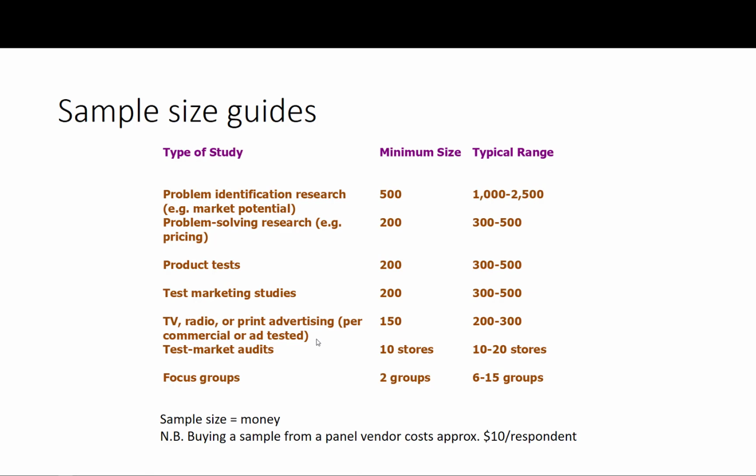However, you still have to pay. Each respondent you need to pay, part of that is incentive, and part of that is to the panel vendor themselves as a service provider. So if you're looking at the problem identification research, if you wanted 2,500 people to complete the survey, you're looking at a minimum of $25,000 just to access the sample.